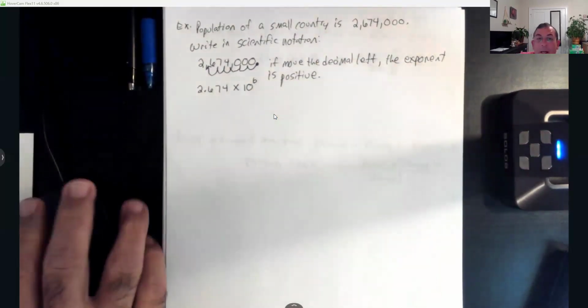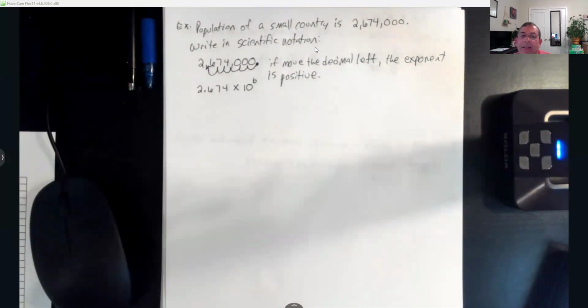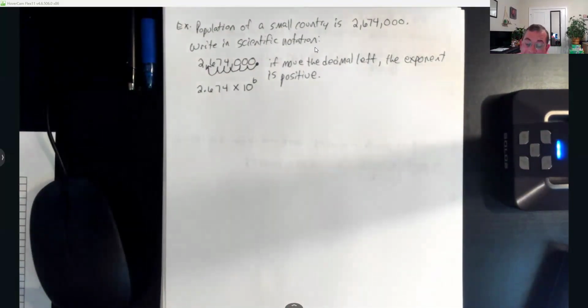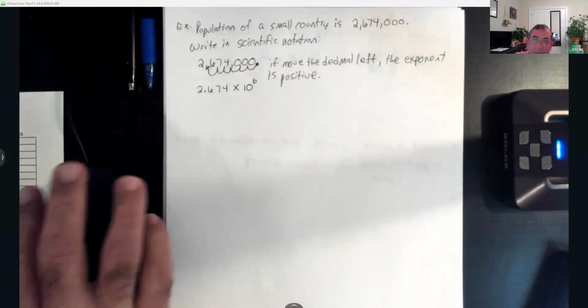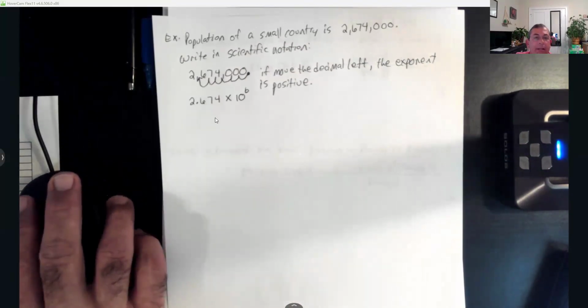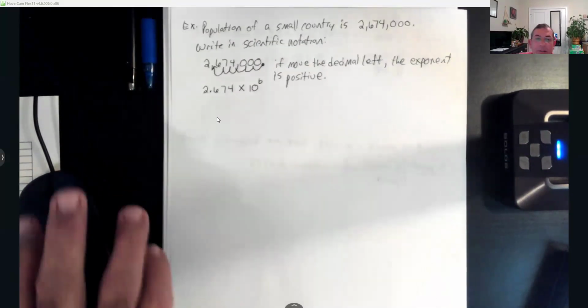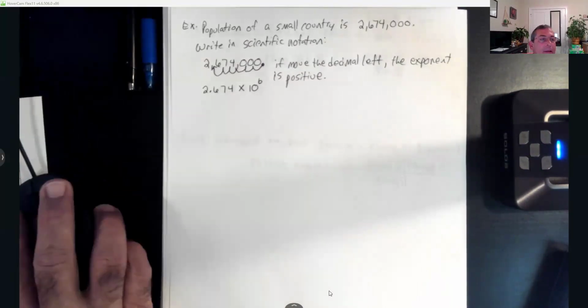If I move the decimal right, then the exponent would be negative, okay? I'm sure we'll see some of them coming up. So the answer is 2.674 times 10 to the 6. All right, y'all, let me see what's next.